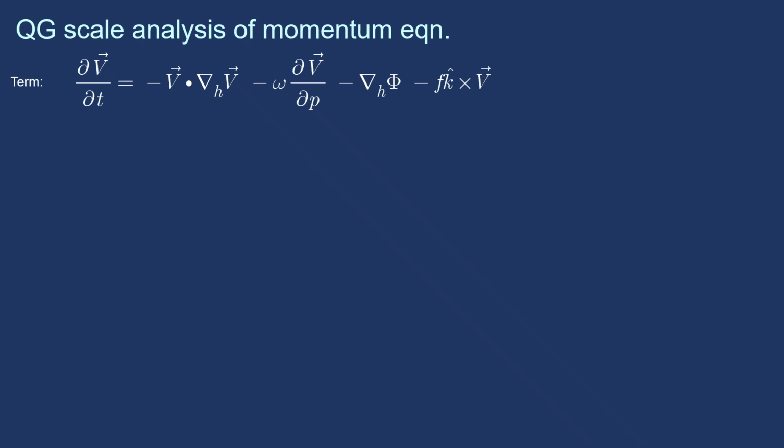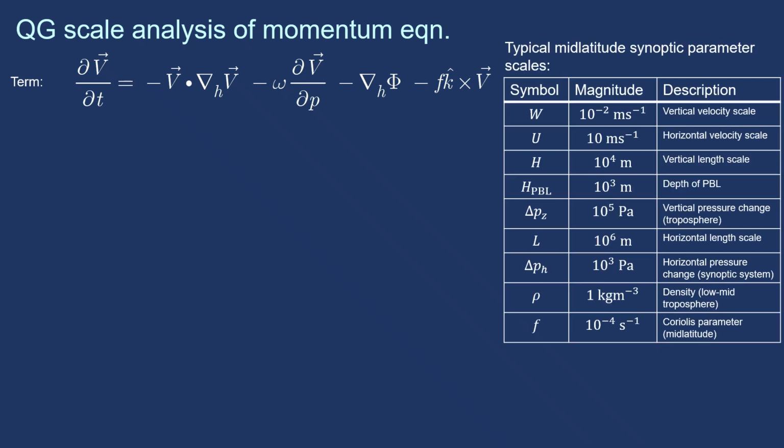So as a path to doing that, we perform a scale analysis on the vector momentum equation. This is what we have so far. And we make note of the typical mid-latitude parameter scales for the various terms in this equation.